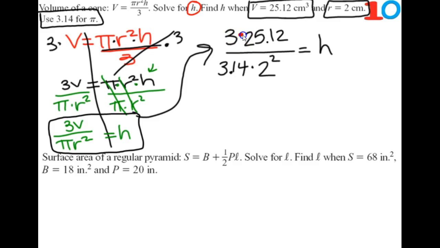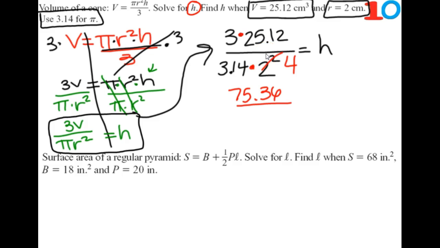So I'm going to simplify the top here. I'm multiplying 3 times 25.12. That gives us 75.36 on the top. Order of operations tells me to do exponent first. We can't multiply. 2 squared is really just 4.